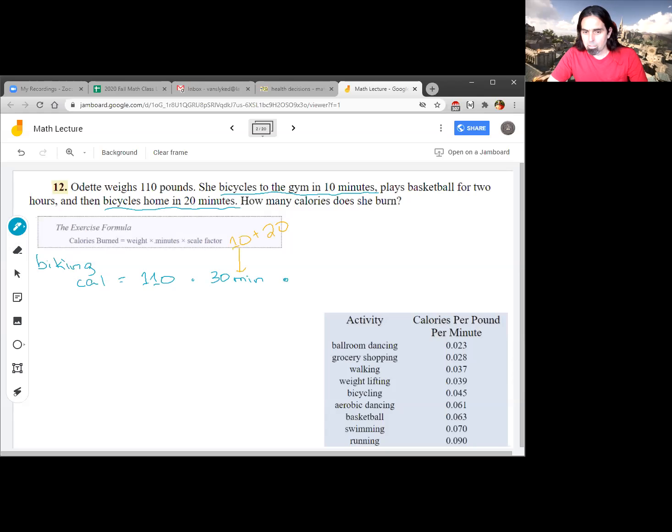And then I need to find the bicycling number down here. Time for the calculator to earn its keep. And I get 148.5. Then we have the basketball.